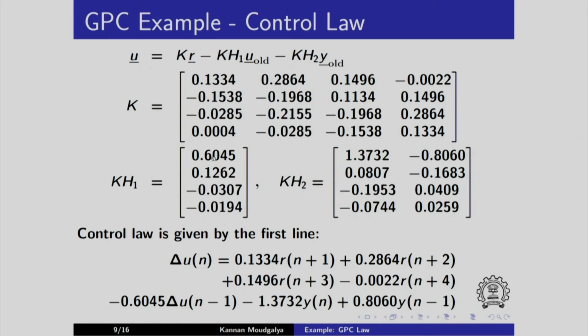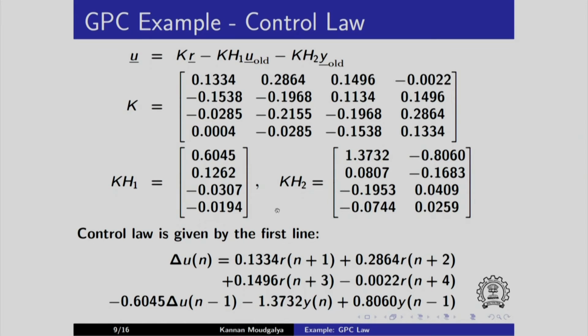So this is 0.6045. Because it is U volt, use the previous one. You have to see the definition of U volt in a previous video. We have a minus sign here, so that comes here.